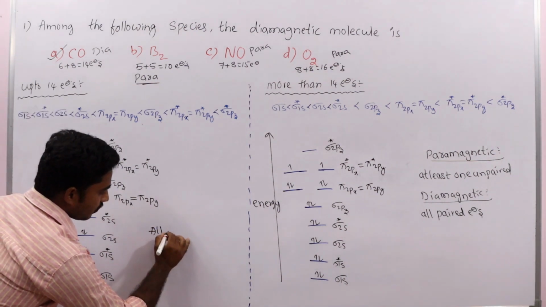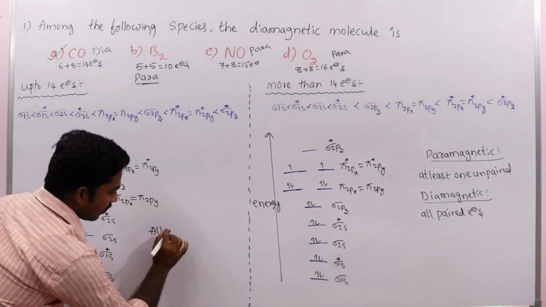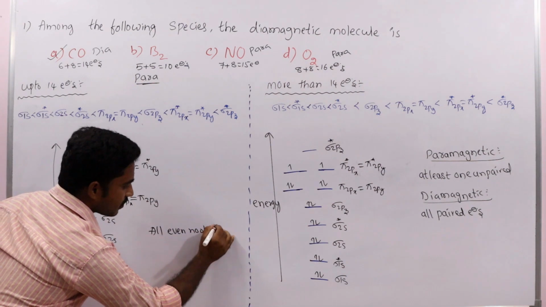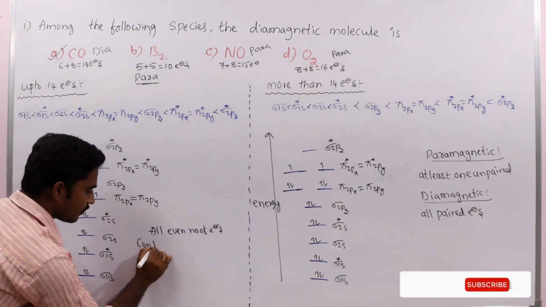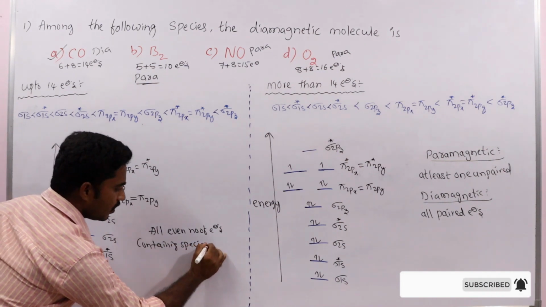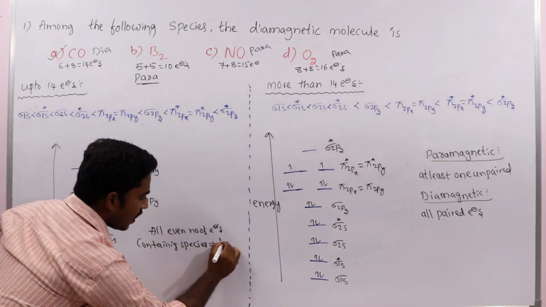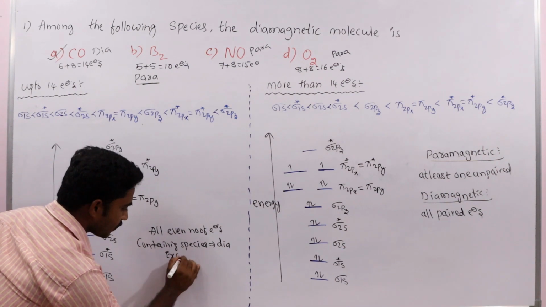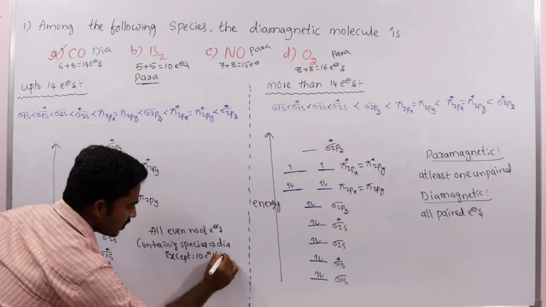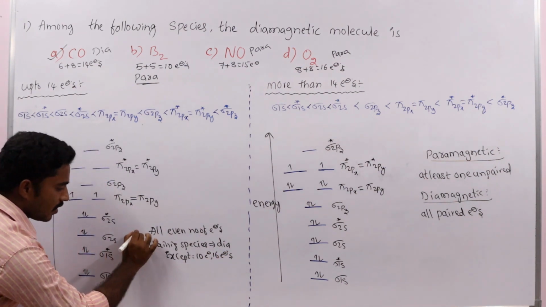All even number of electrons containing species or diatomic molecules are definitely diamagnetic, except 10 electron containing species and 16 electron containing species.